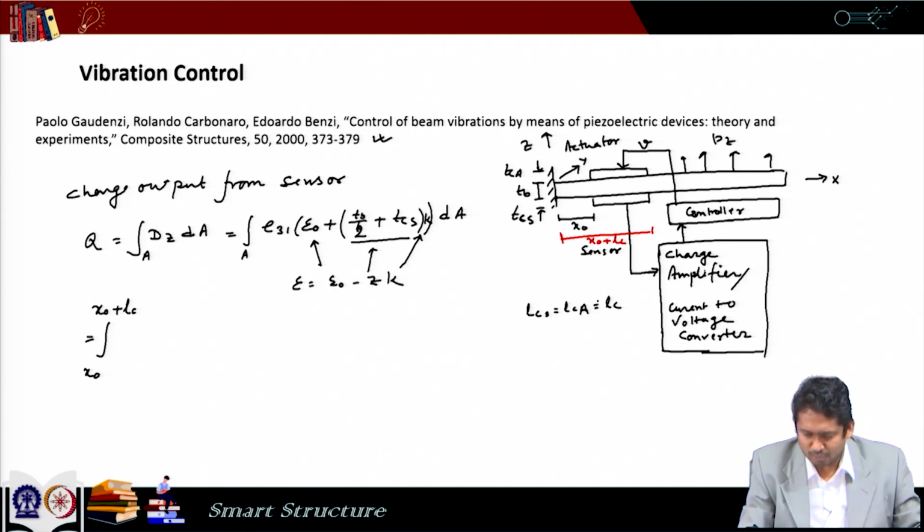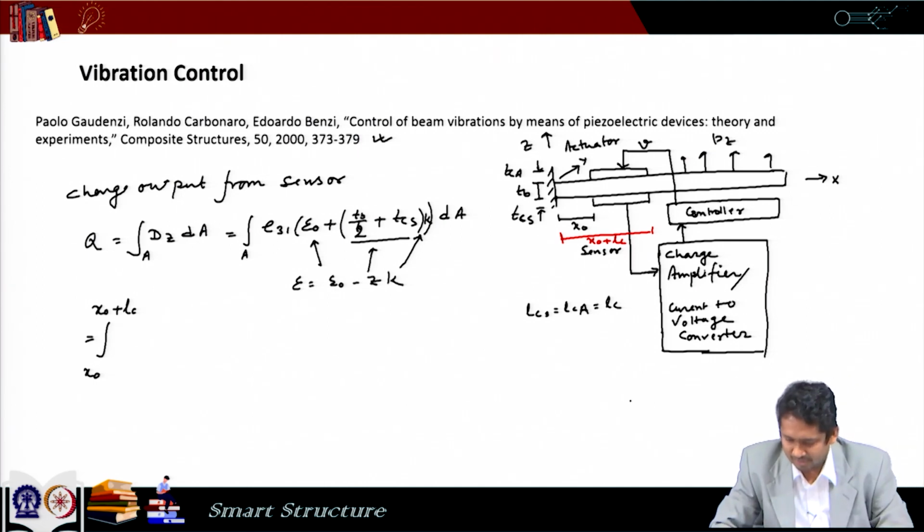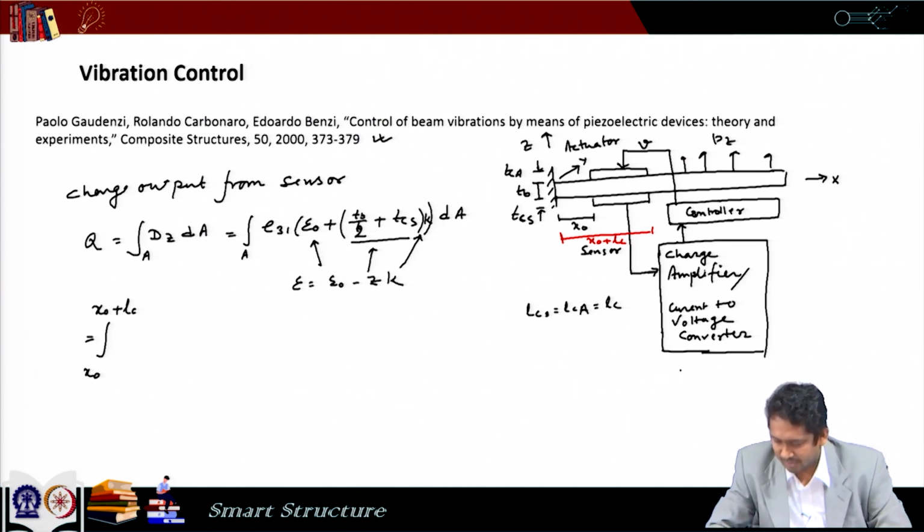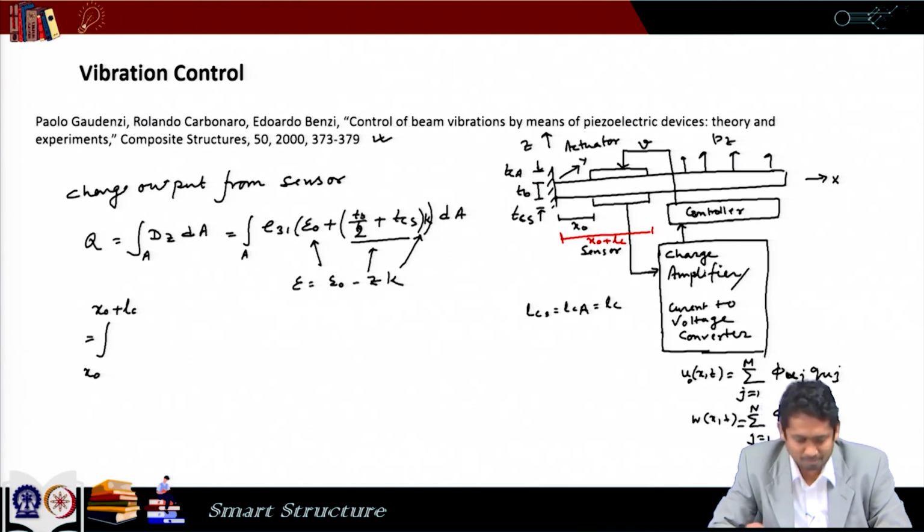Now, we also know that in our analysis we have assumed u0(x,t) to be the summation of j equal to 1 to m of phi_uj into q_uj, and w as the summation of phi_wj into q_wj.